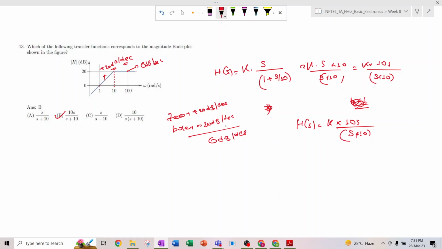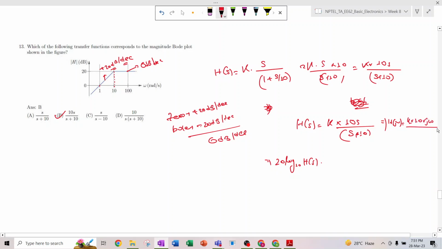How can we find it? We can put in any point on the formula. So 20 log 10 of H, at first we need to convert it into j omega format. H of j omega is equal to k into 10 into j omega divided by j omega plus 10. So mod of H of j omega is equal to k into 10 into omega divided by root over of omega square plus 100, right?